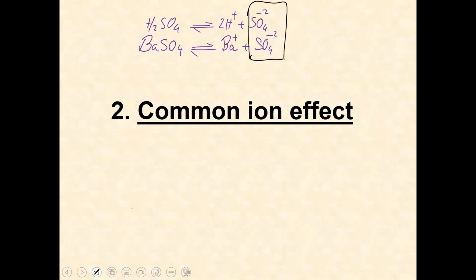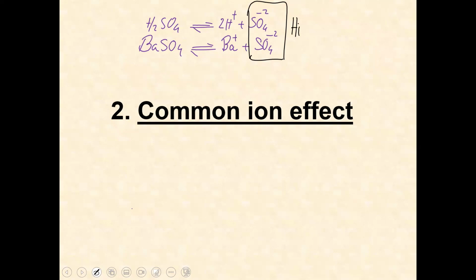Now, from Le Chatelier's principle, if SO4 2- concentration increases, equilibrium has to shift. Sulfuric acid, being a strong acid, has an equilibrium which cannot be shifted in normal conditions, but barium sulfate is a sparingly soluble salt and the equilibrium can shift there.